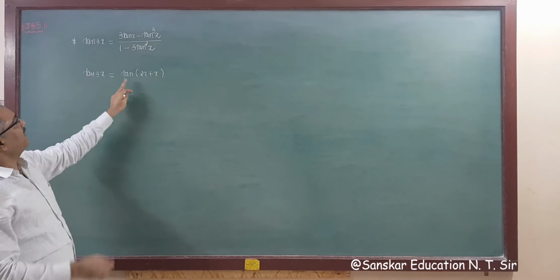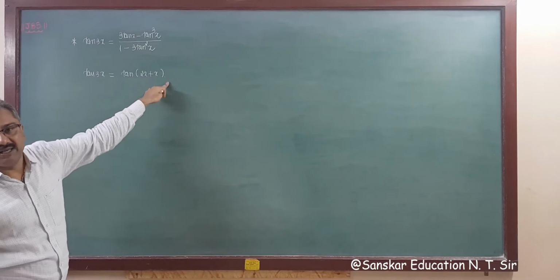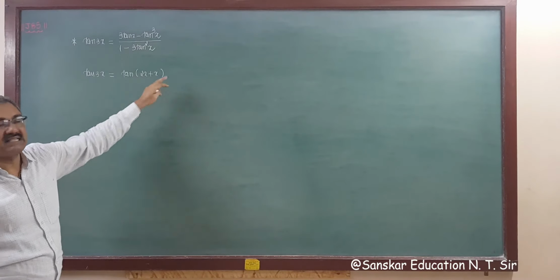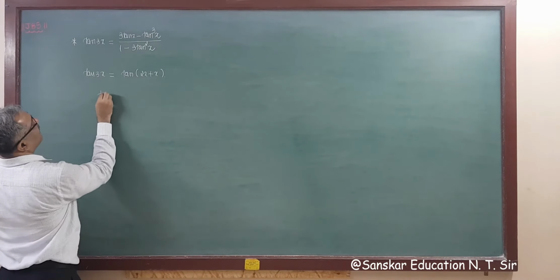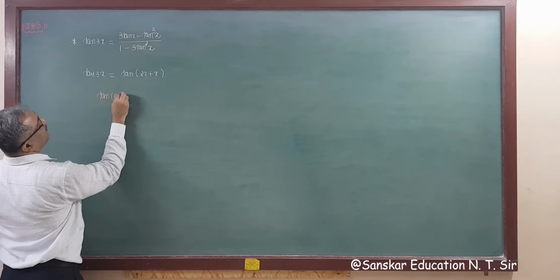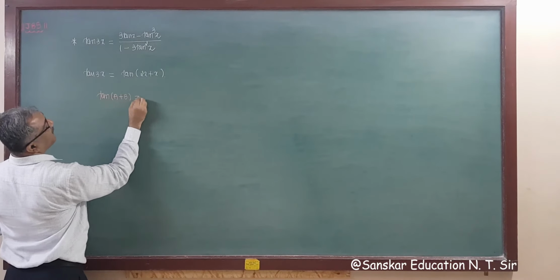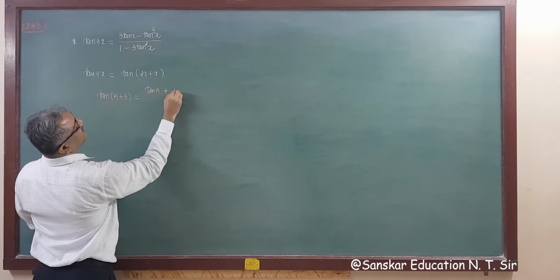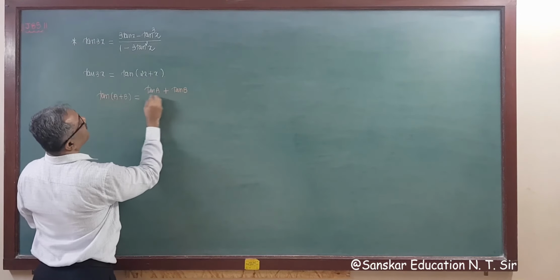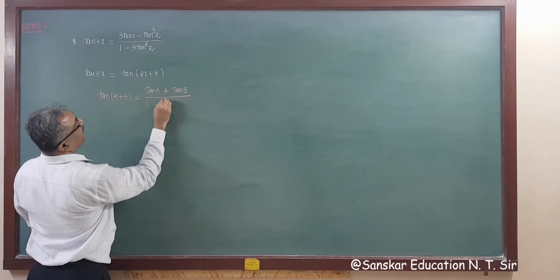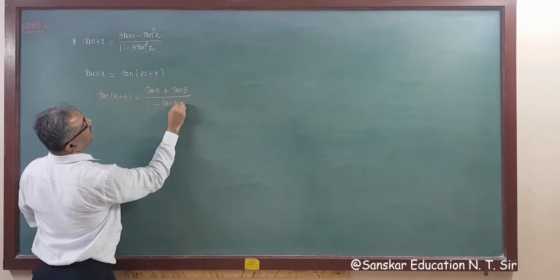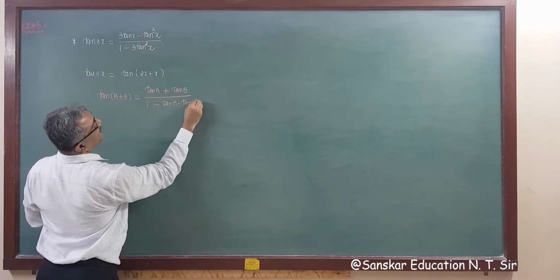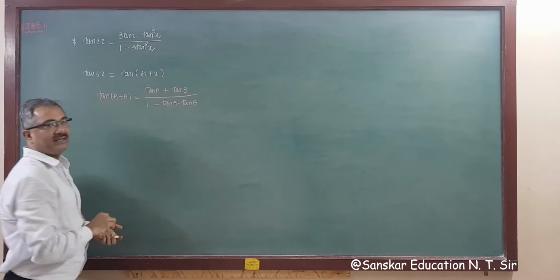Now, this is the formula for tan(a + b). You have the formula tan(a + b) is equal to tan a plus tan b upon 1 minus tan a into tan b. This is the formula that you know.